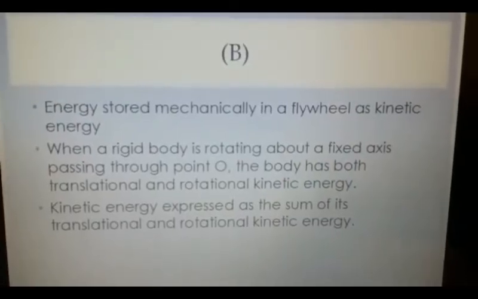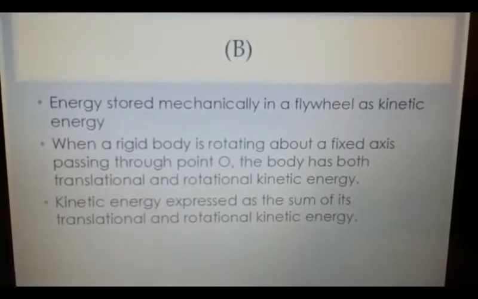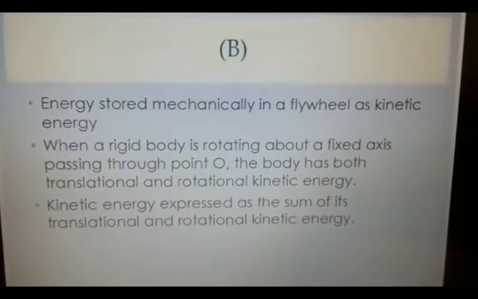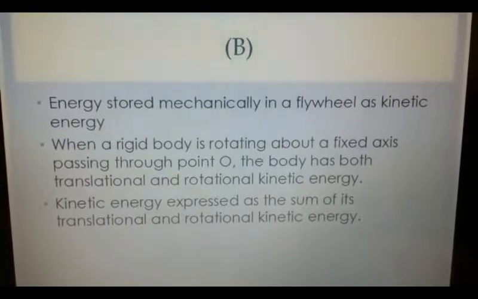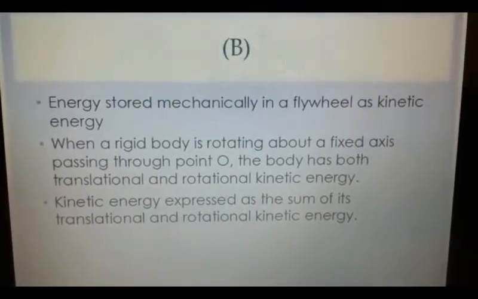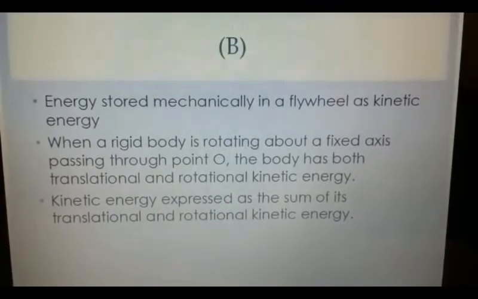For part B, we will talk about the kinetic energy of the flywheel. What is kinetic energy? It is the energy stored mechanically in a flywheel. When a rigid body is rotating about a fixed axis passing through point O, the body has both translational and rotational kinetic energy. The kinetic energy is expressed as the sum of its translational and rotational kinetic energy.